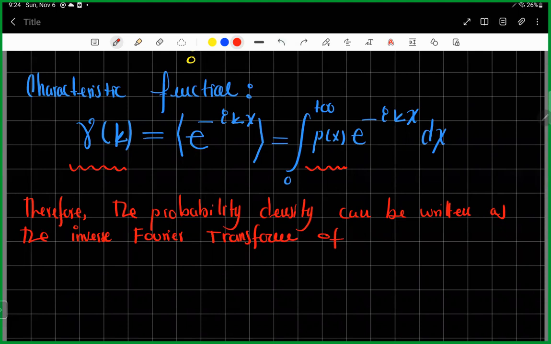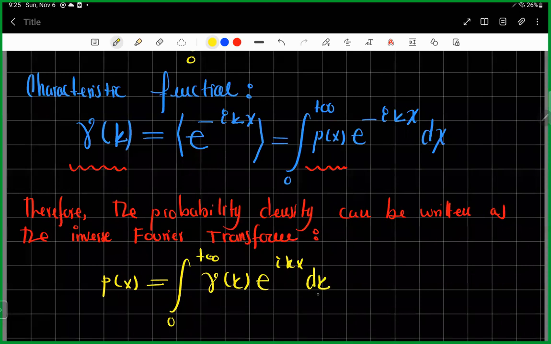I mean, it's the same thing. So the inverse Fourier transform, let's leave it like this. Do not confuse with notation. So then what I have is the following: P of x is equal to the integral from 0 to plus infinity of gamma of k e to the i k x dk divided by 2 pi. So the characteristic function is a function of something similar to a wave vector.